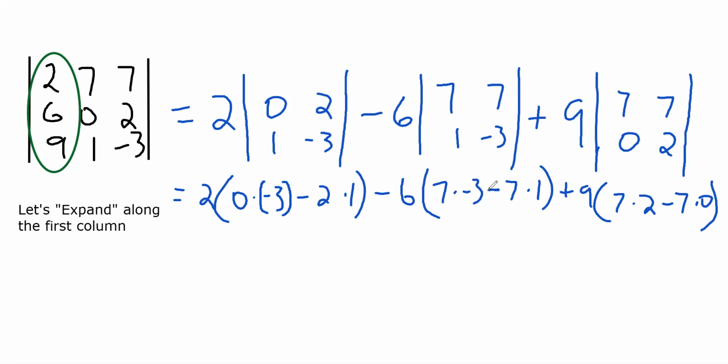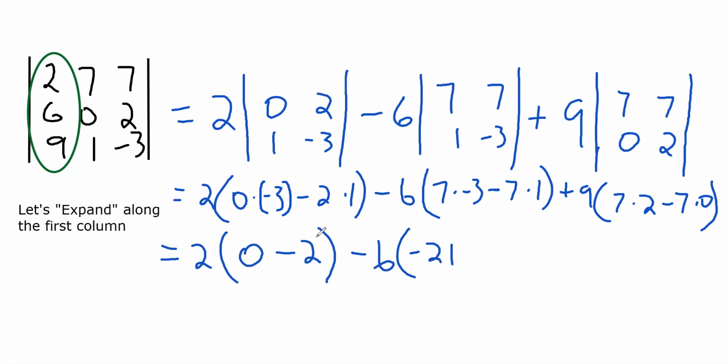So let's just do it step by step. 0 times negative 3 is 0, minus 2 times 1, so 0 minus 2. Minus 6 times 7 times negative 3 is negative 21, minus 7 times 1 is 7.